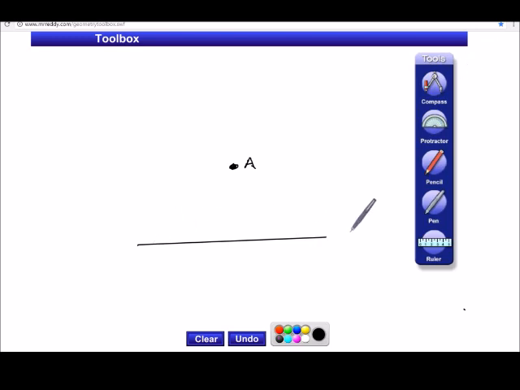So we have our line here. This is L1 and our point that we want the line parallel through. So we simply take our compass and we know how to construct a perpendicular line from a point not on the line. I create my segment because that's important.